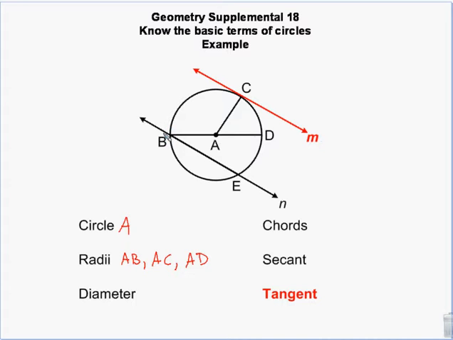Our diameter, we only have one diameter. It is BD because it's the only line that goes through the center. Our chords are BD, because remember diameter is a chord, and BE. Our secant line is line N, and our tangent line is line M.